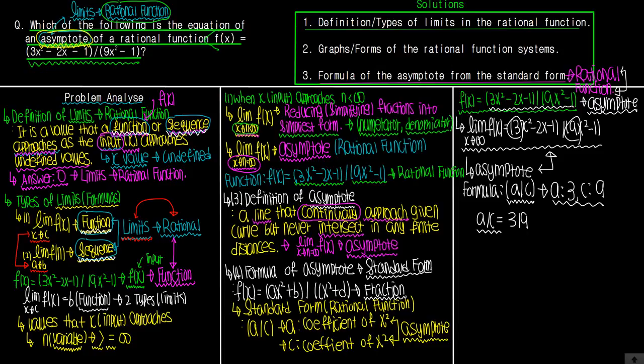A divided by c, which is the formula for our asymptote, is the same thing as 3 over 9, which is also the same thing as 1 divided by 3. So our answer for this question, the asymptote of our rational function f of x is equal to 3x squared minus 2x minus 1, all of them divided by 9x squared minus 1, is going to be 1 divided by 3.